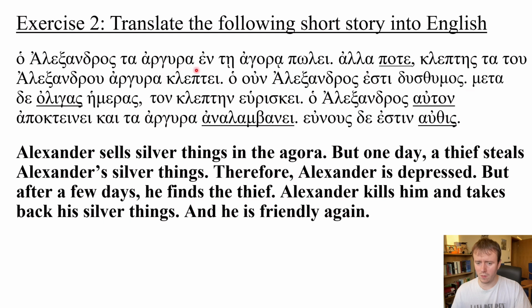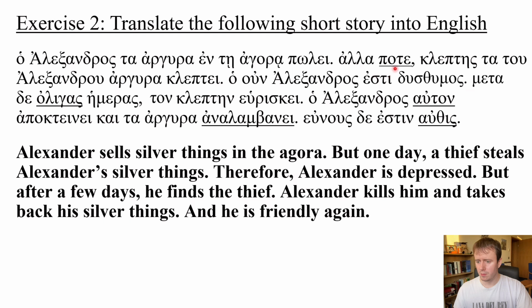We don't have any noun that it's agreeing with. That's because this is a substantive or substantive adjective, an adjective that's being used on its own as a noun. Because ta is used, we understand the word things after it. So Alexander sells silver things in the agora or the marketplace.